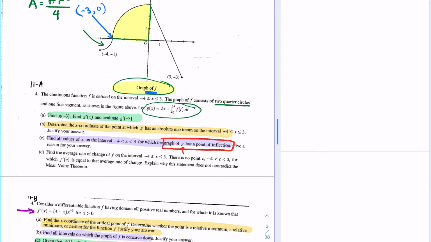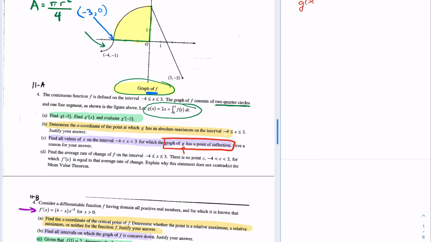We know from the previous problem that g of x was 2x plus the integral of f from 0 to x, and then we found out that the derivative came out to 2 plus f of x. So the second derivative is really just f prime of x.